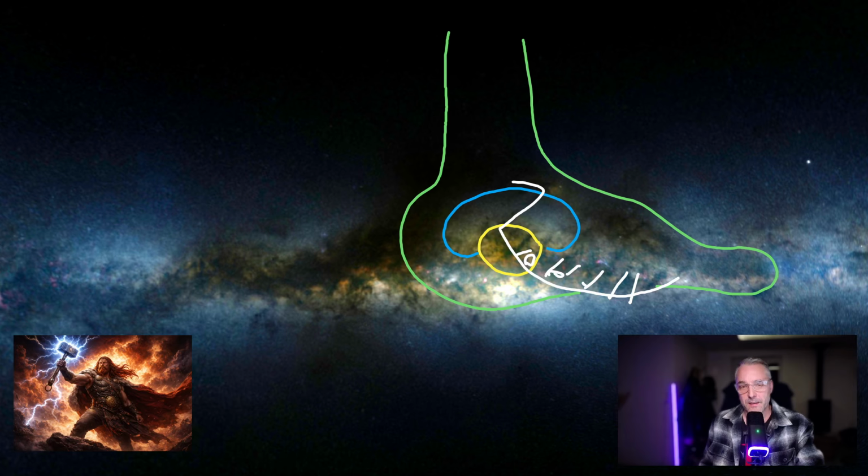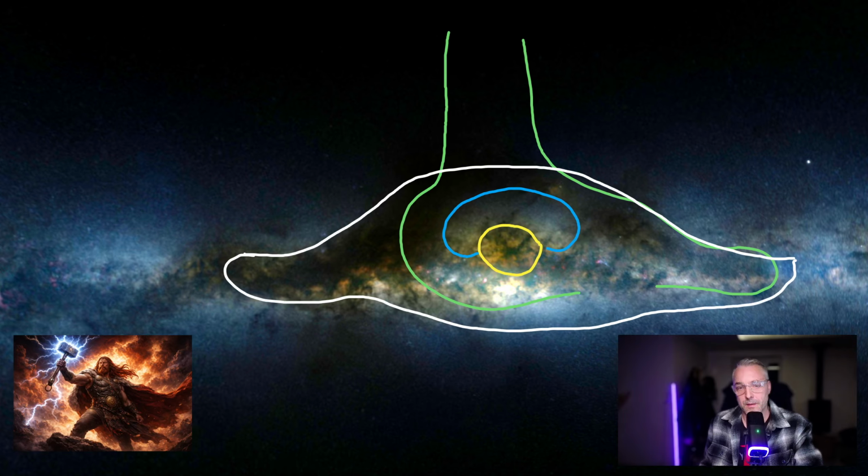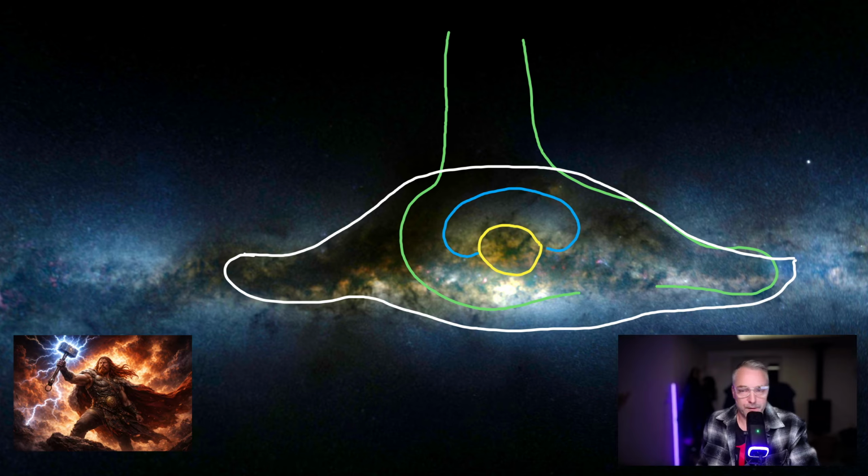But in this case, it could also be the big boat, which is the entire Milky Way center here. So he is standing through the boat. Okay, enough of the fishing trip here.